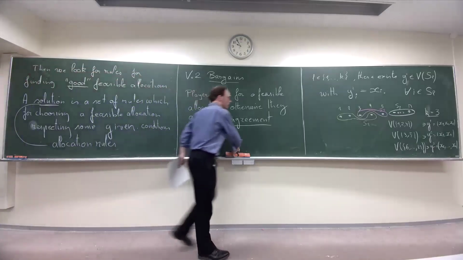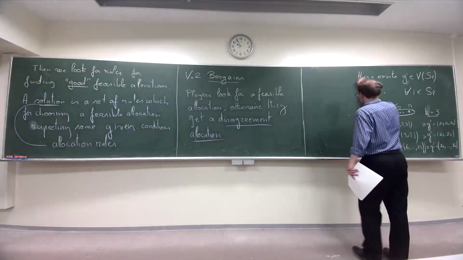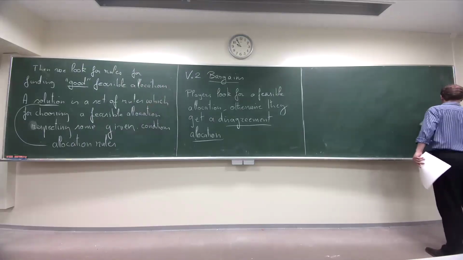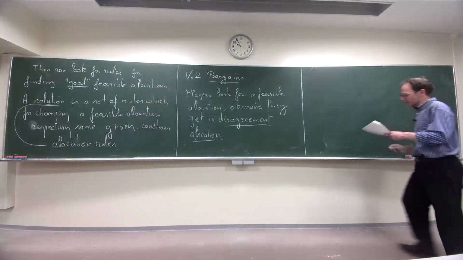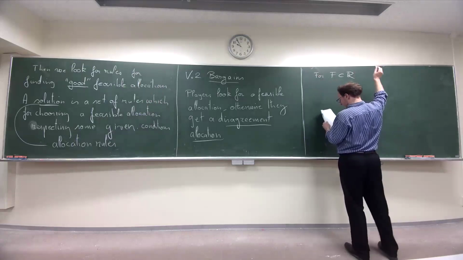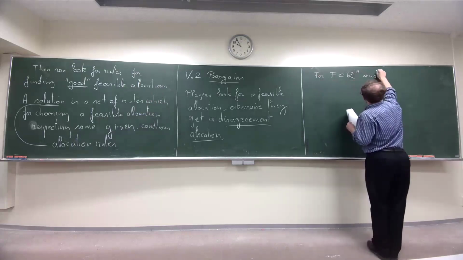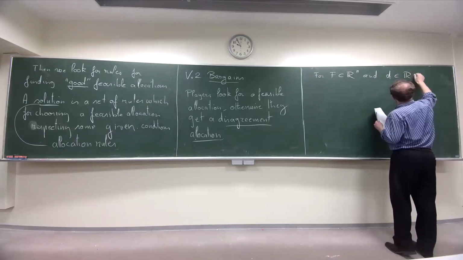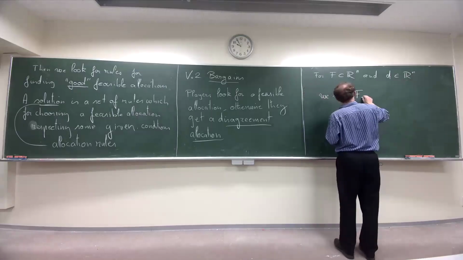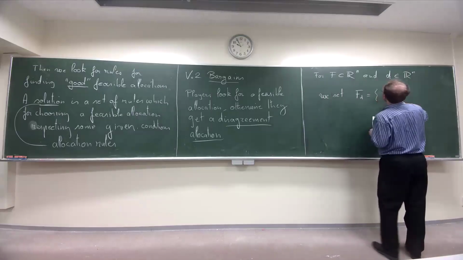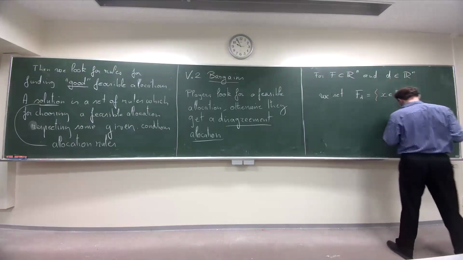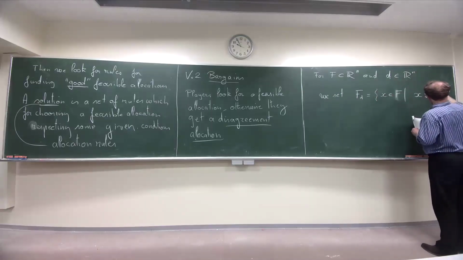So I'm going to introduce this subfamily of games, but I just need one notation before, and we will check that it's indeed a subfamily. It's an exercise. So just a notation: for any F inside Rn, and for a point D inside Rn, we set F index D is the set of X inside F which are bigger than D, in the sense I have introduced before.